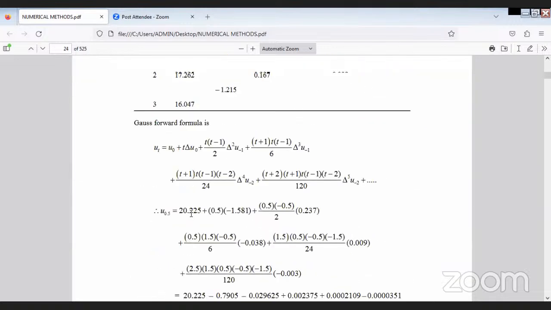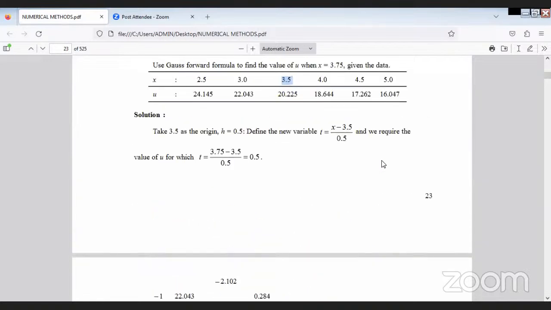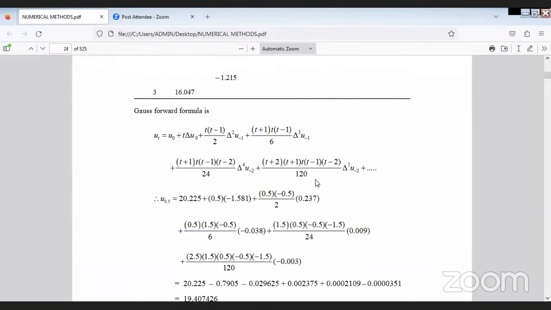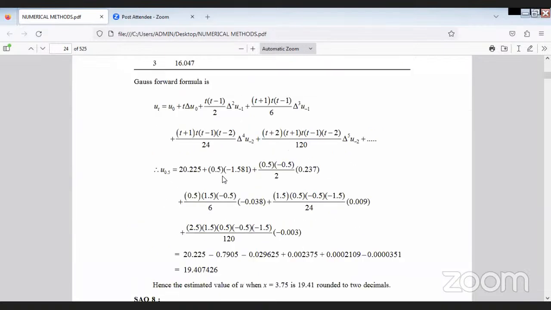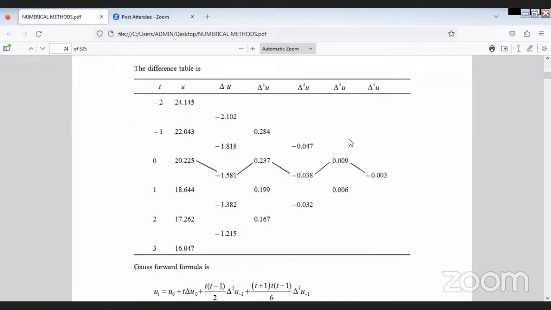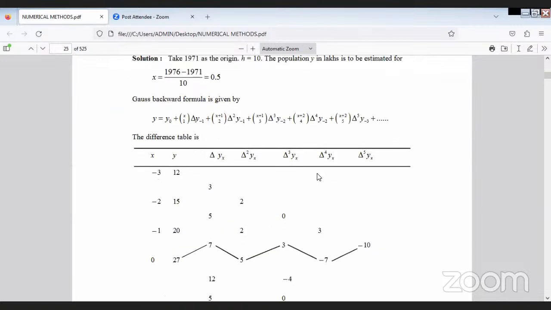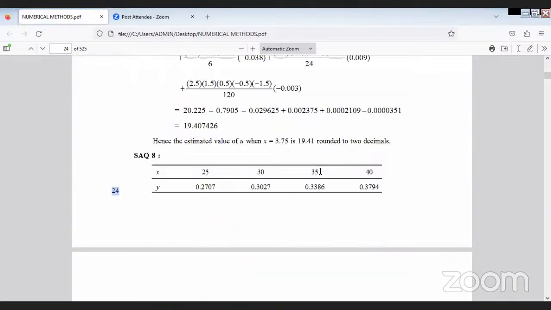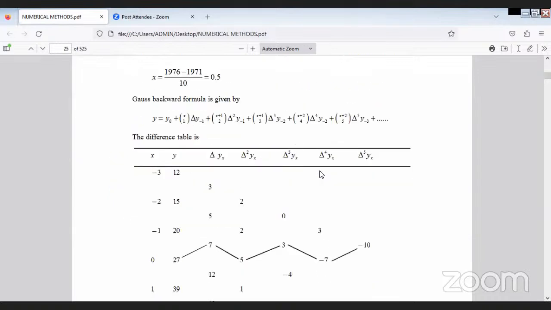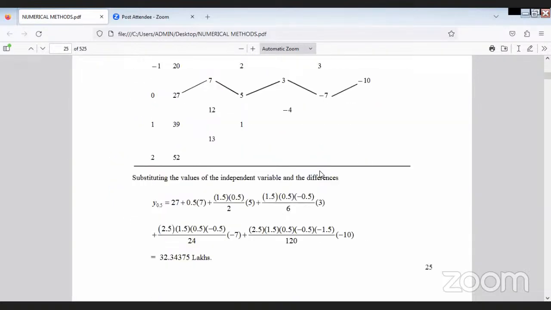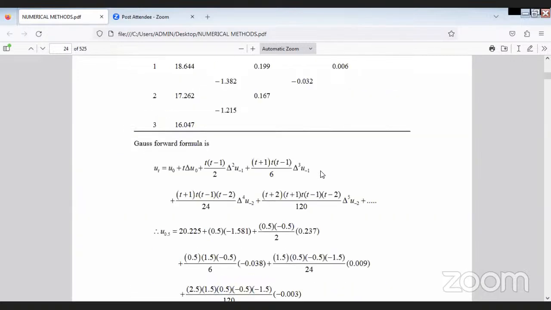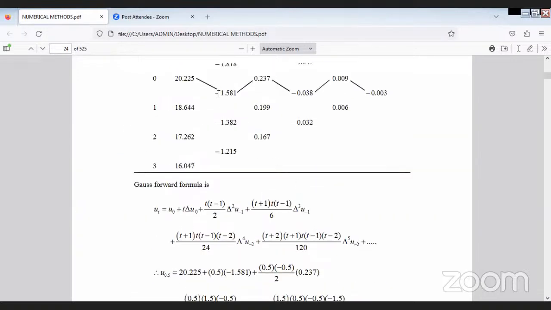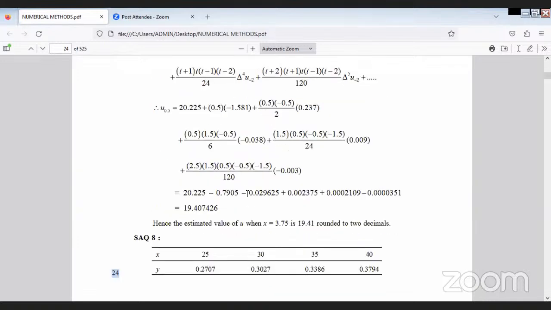u naught is equal to 20.225. So t into, what is the t value here? Find out here, 0.5. I'm writing here 0.5 times del u naught, with the difference values substituted.